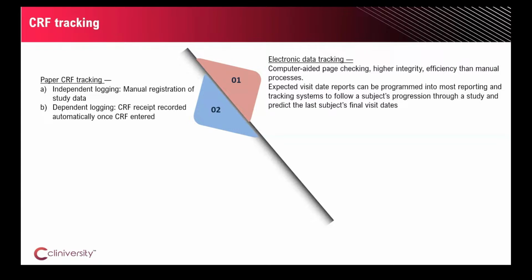So tracking happens automatically once the data has been entered in the CRF. The good point about this approach is that it eliminates an extensive and expensive manual process of tracking the CRFs, replacing it with an electronic process in which tracking is a cost-free result of data entry.